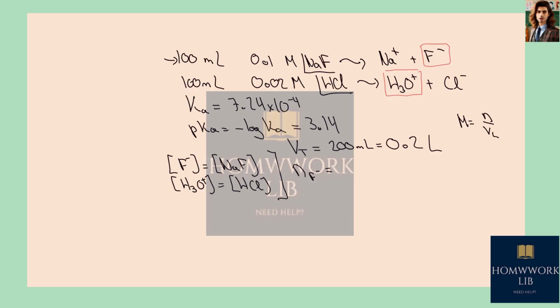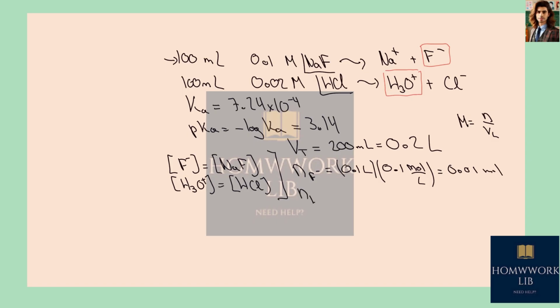So the volume added was 0.1 liters, 100 milliliters, times the molarity of sodium fluoride, that is 0.1 molar. Remember that molar is mole per liter. So 0.1 times 0.1 is nothing but 0.01, and this is the amount of mole that we have of F minus.